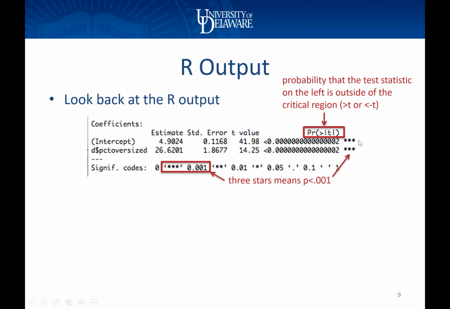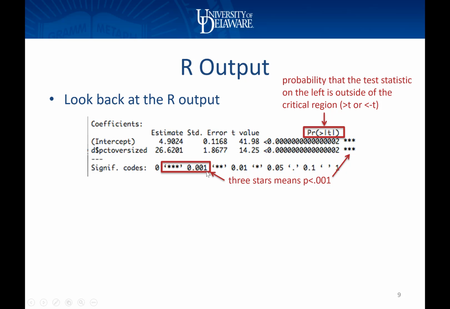Now, looking at the stars on the outside of these p-values, this is sort of the quick and dirty way of doing a test. This is just a cheater star test over here. The 3 stars, according to this key down here, and the key will always be the same, says your 3 stars mean that your p-value is between 0 and 0.001.